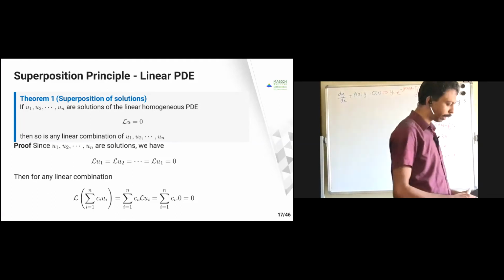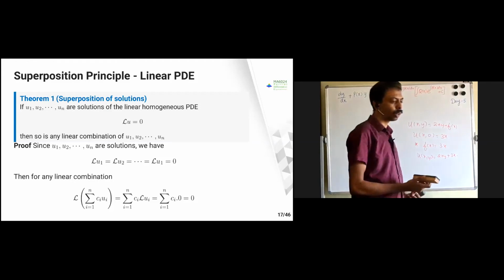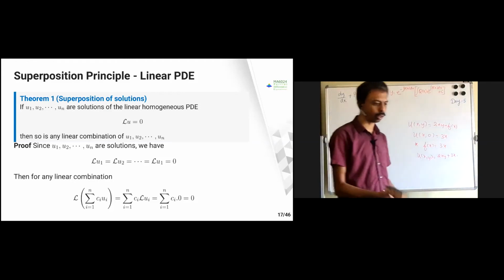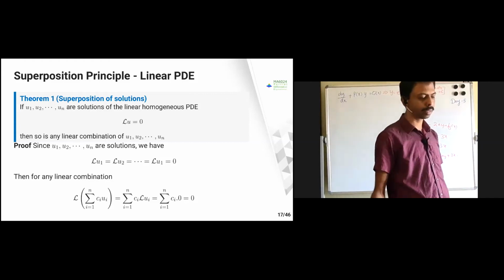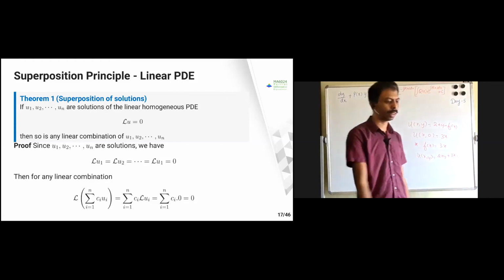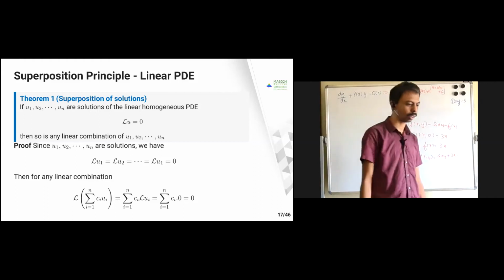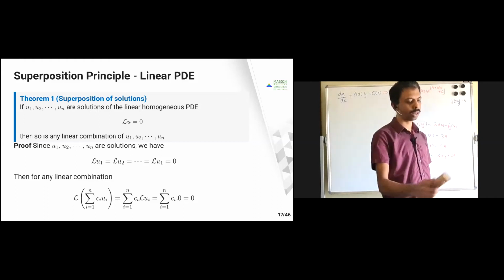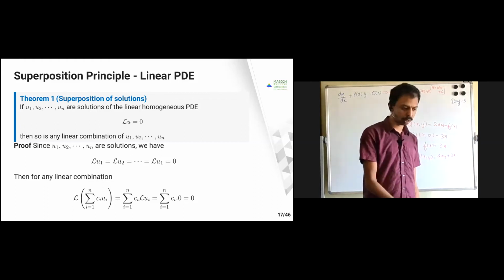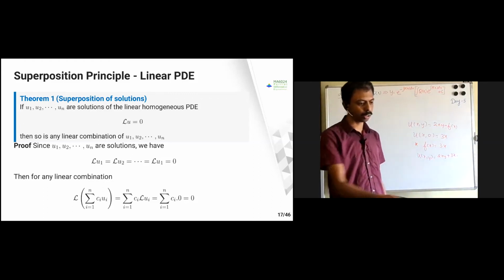In the same way here, suppose u1, u2, ..., un are solutions of a linear homogeneous PDE. Then any linear combination of u1, u2, ..., un is also a solution. The proof is very simple. Since u1, u2, ..., un are solutions, we have Lu1 equal to 0, Lu2 equal to 0, and so on up to Lun equal to 0.